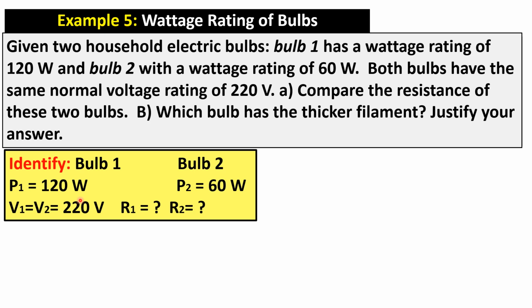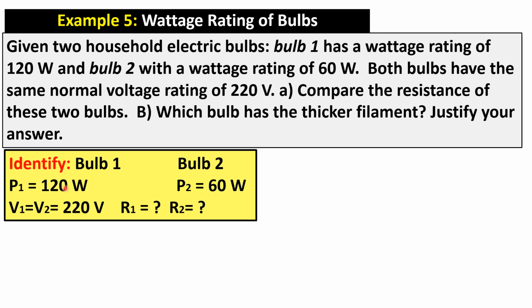So this is what we will do. We're going to first identify the variables or the data given in the problem. For bulb 1, the power P1 equals 120 watts, and for bulb 2, that is 60 watts.